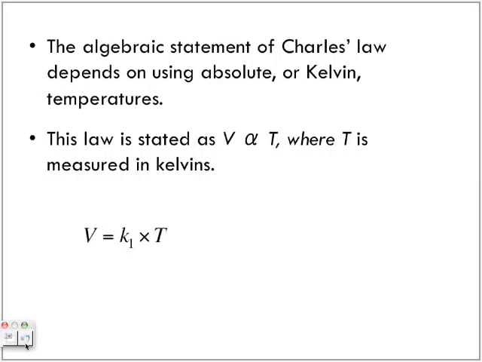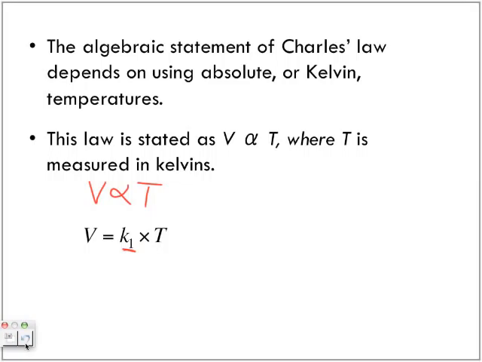Now, so we have V is equal to some constant times temperature. That constant, we know, is pressure. Pressure is going to remain constant. So, in other words, what I did here was I tried to show that, but remove the proportional symbol and substitute it with an equal sign. Remember that we've got some kind of constant.